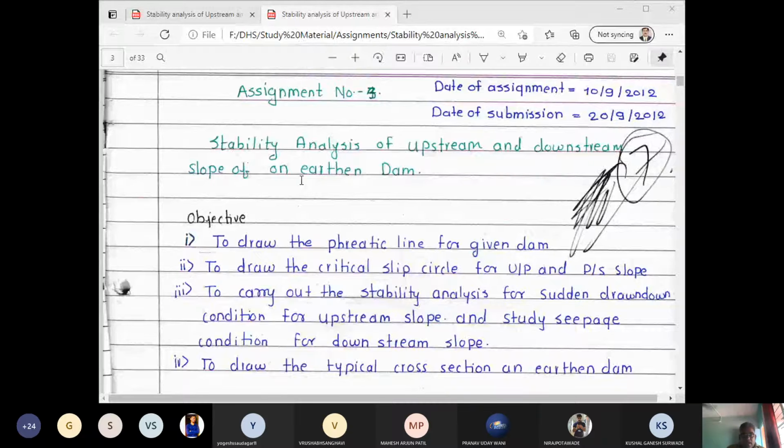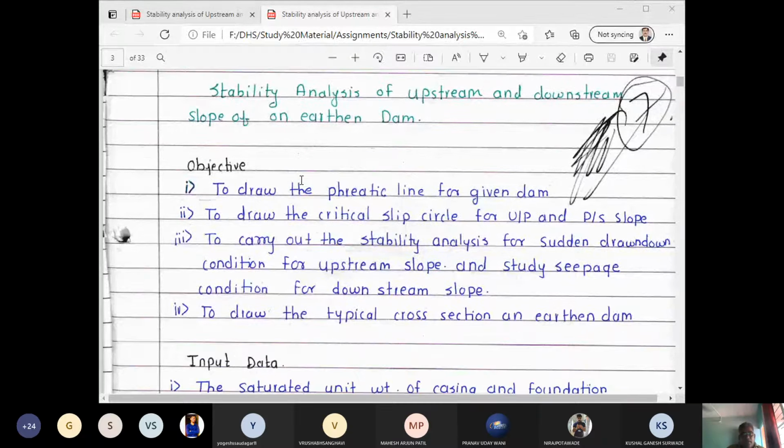So this is the analysis part, and there are objectives for every assignment. The first objective is to draw the phreatic line for a given dam. That is the first exercise you carried out. As per the known dimensions of the dam, you have to draw the phreatic line.